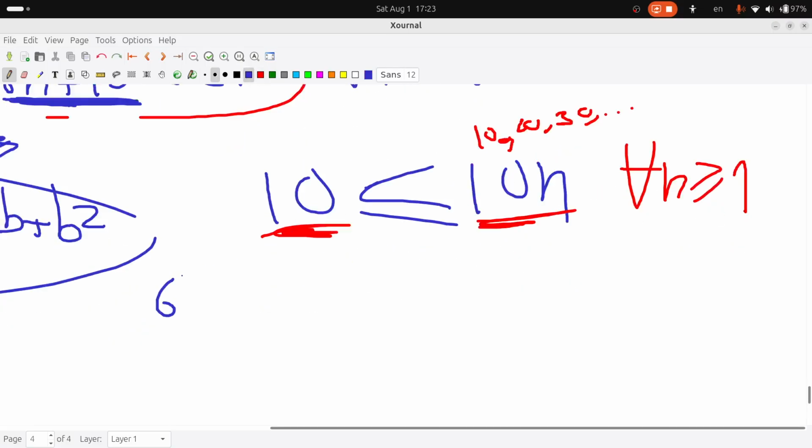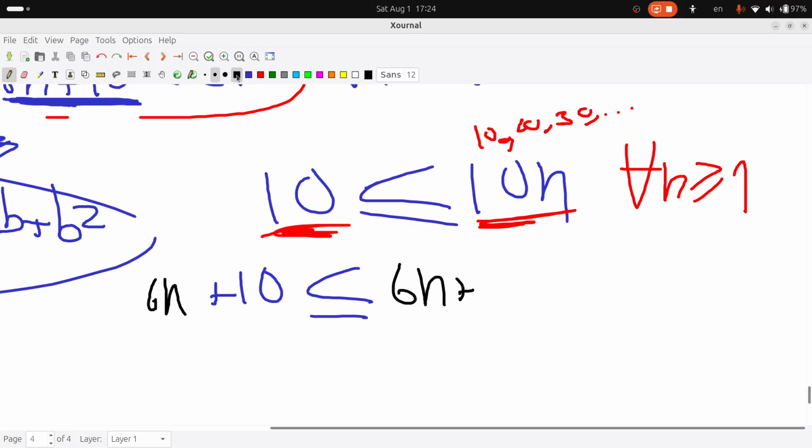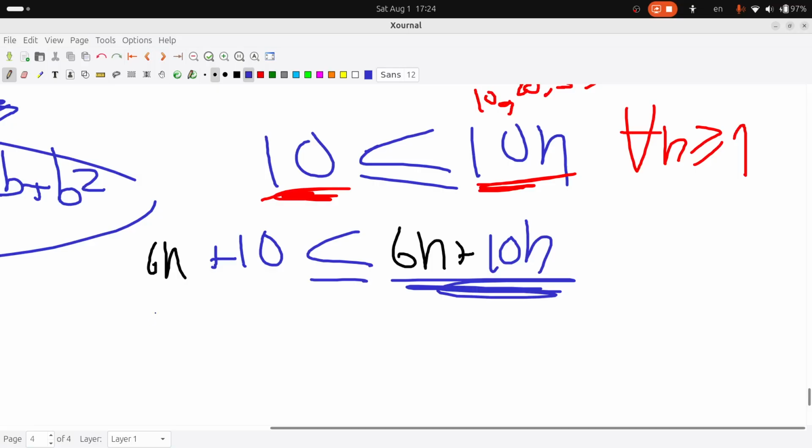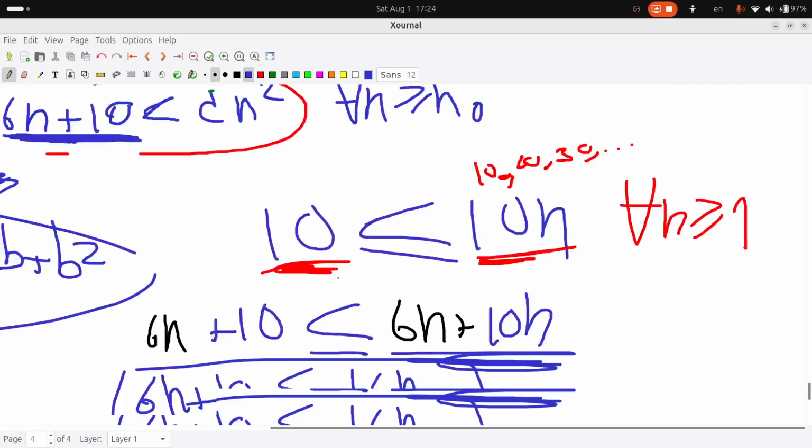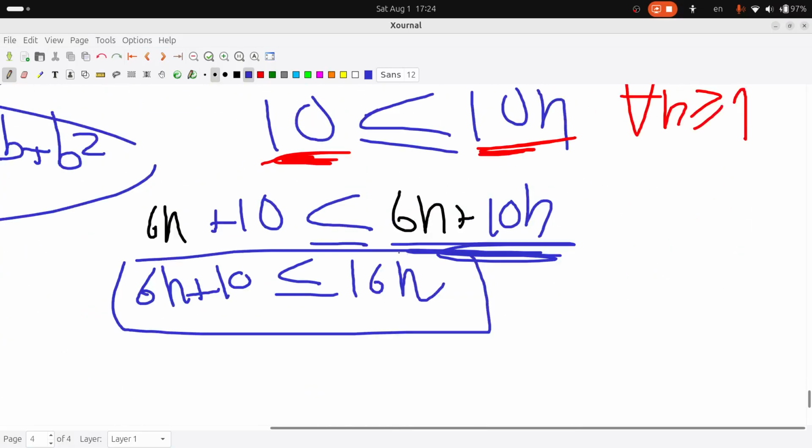We can write 6n plus 10 is less than, we add 6n to both sides, and we combine these two equations to 16n, right?